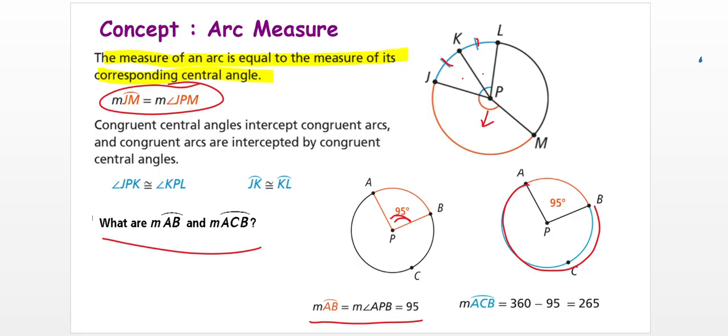Because the total angle in a circle is 360, if you subtract 95 from 360, the remaining angle will be 265. So this central angle is 265, and the measure of arc ACB will be 265. Is that clear?